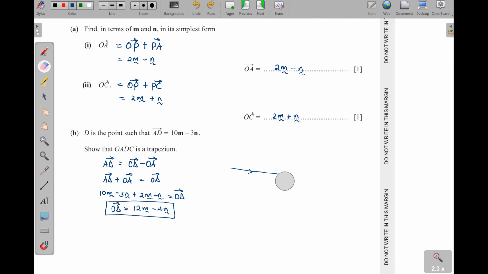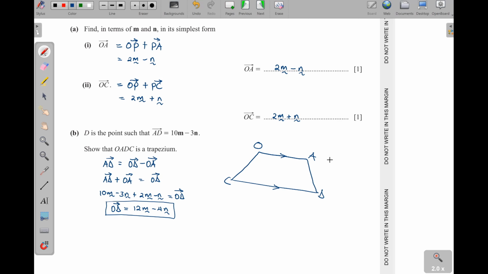Let me remove it and then I draw my other diagram. Let's say our trapezium is like this. Then I can say O, A, D, C. That means the parallel sides, we have OA and then CD.